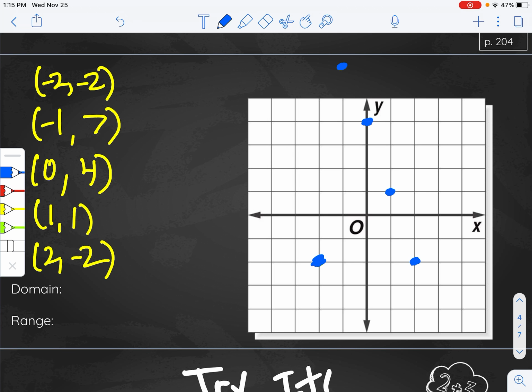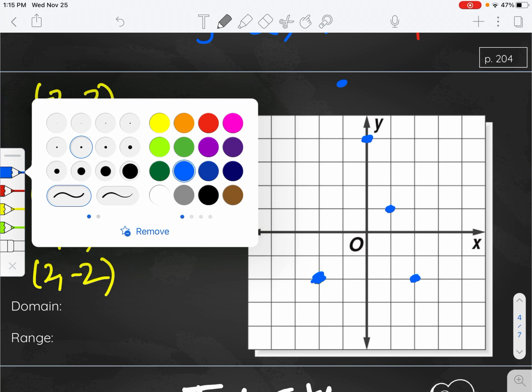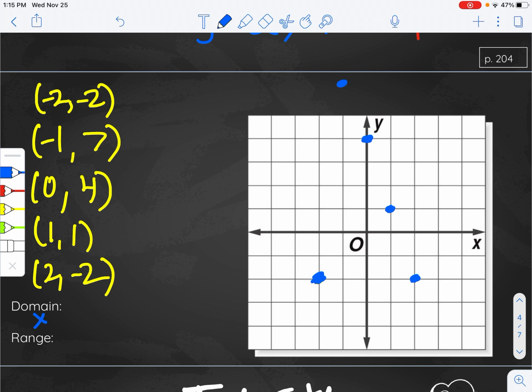The last part of this, a lot of questions will ask our domain and our range. So we could find this in a whole lot of ways. Remember, our domain is our x values, and our range is all of our y values. So all we need to do for our domain is we can just look at our x values.